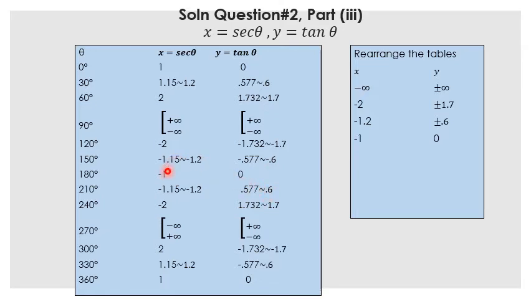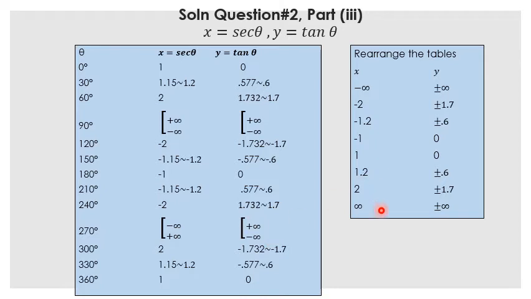At x equals minus 1, we have value 0. At x equals 1, we have again value 0. At x equals 1.2, the values are minus 0.577 and 0.577. Then at x equals 2, the values are 1.7 and minus 1.7. And then at x equals infinity, you may write plus minus infinity.